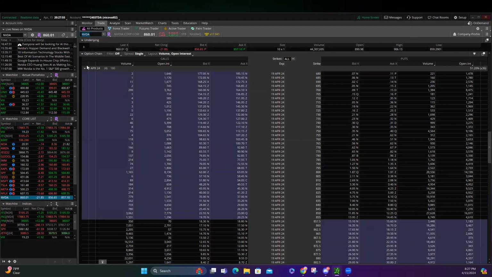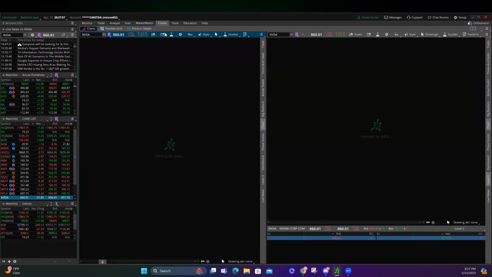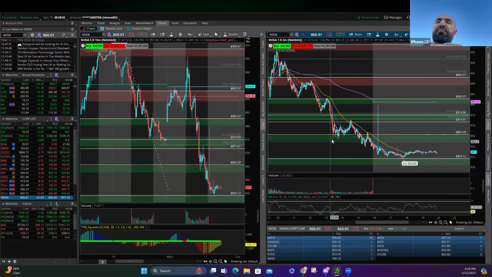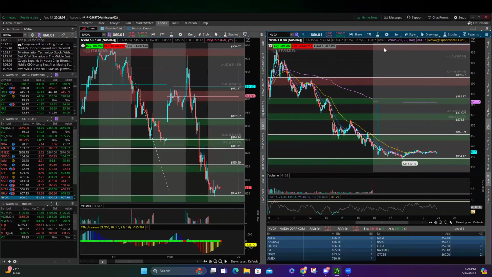So another way you can use it is for longer trades, which is one that I like a lot. A lot of people will be scared, and people don't like to trade same days or weeklies.